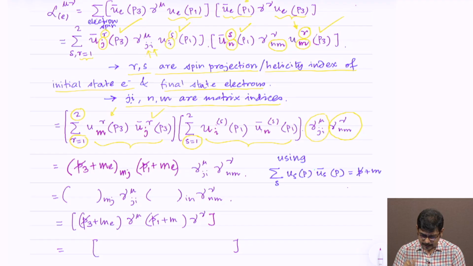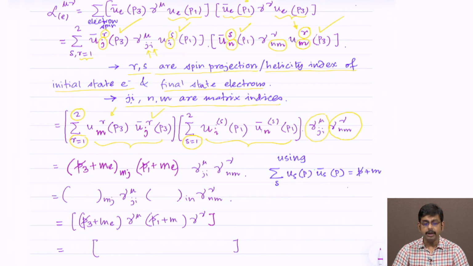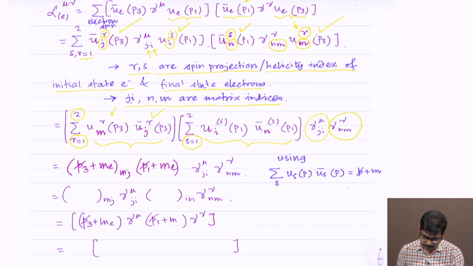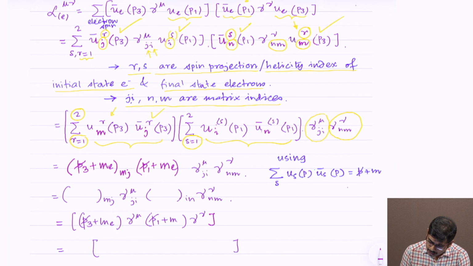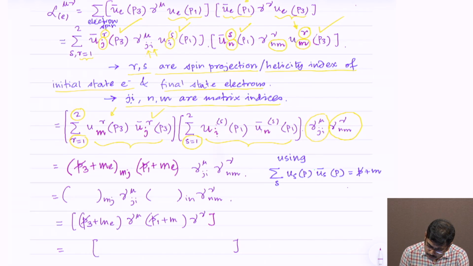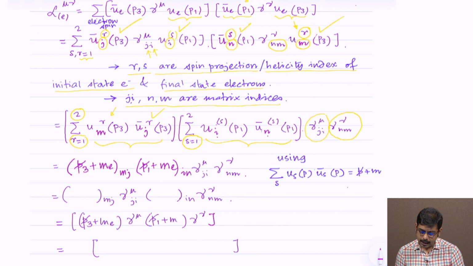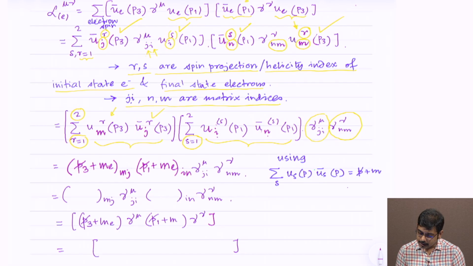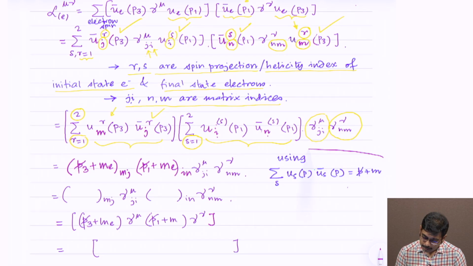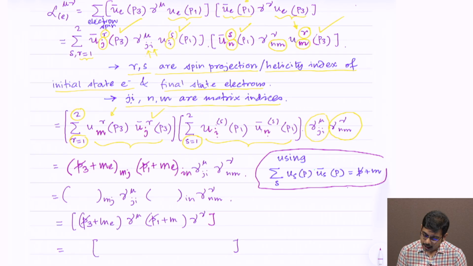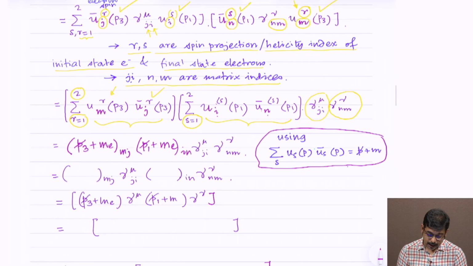When you do it for the antiparticle spinors like v s bar, that gives you what? P slash minus m. But here we have the sum over the particle-like spinors. So this is P slash plus m e, and what will be the matrix component? You note this is i and this is n. So this is i n, and then you have gamma mu j i, gamma nu n m. This uses the relation that we derived just in the last class.